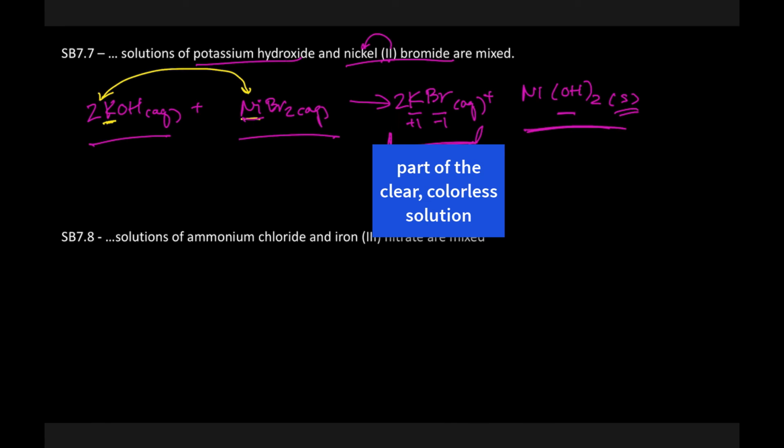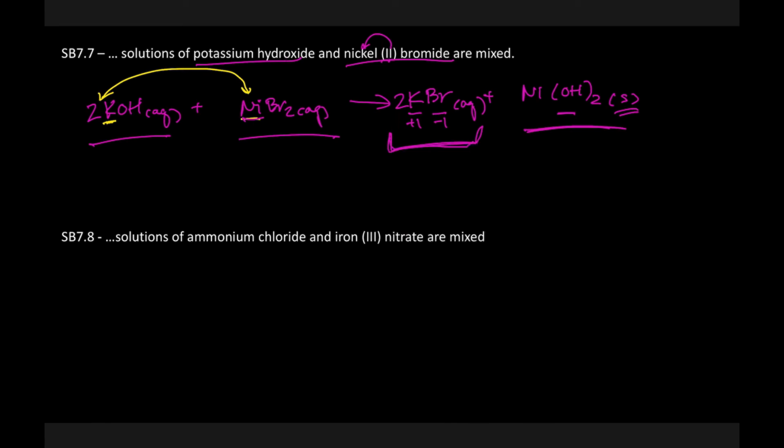All right, next reaction. It says we have solutions of ammonium chloride, aqueous, and iron(III) nitrate, Fe(NO3)3, aqueous, are mixed. So again, taking back one step, two ionic compounds. We're going to switch the cations.